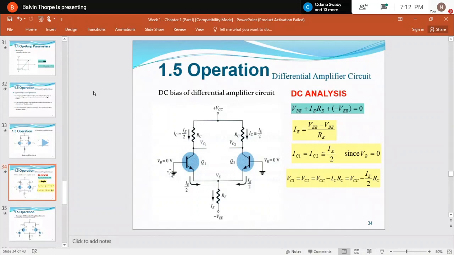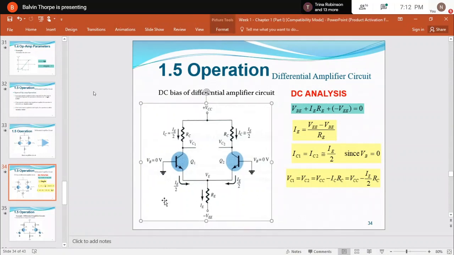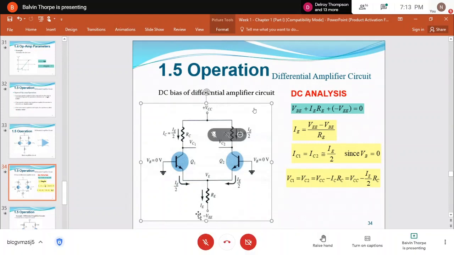Remember we're talking about the input loop, right? So VBE plus IERE minus VEE equals 0. Because that's Kirchhoff. Kirchhoff said the sum of the voltages in a loop equals 0, right? Or the supply voltage equals the drop of the voltage around the loop.